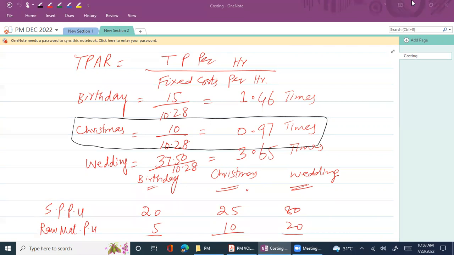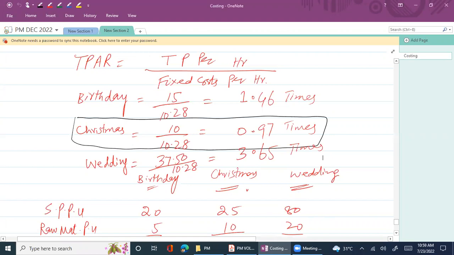When we have Christmas cake in production, we lower our company's profit because Christmas is having a loss. So the logic that you gave was not correct, that the fixed cost will be borne by the birthday and wedding.